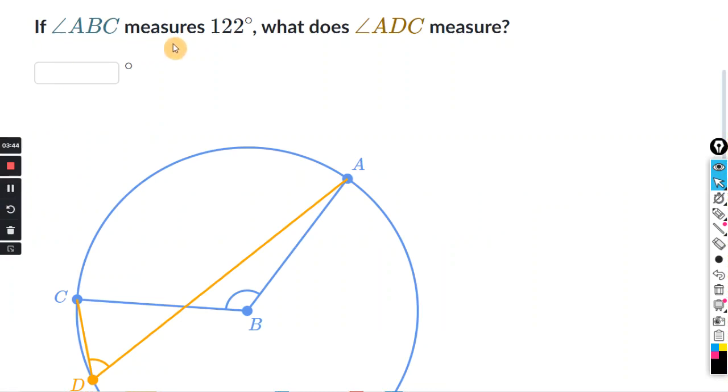If angle ABC measures 122, what does ADC measure?